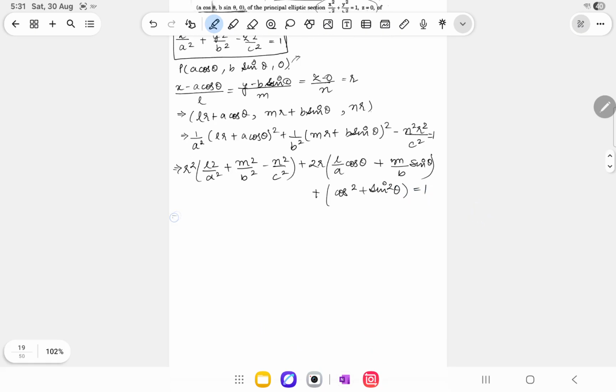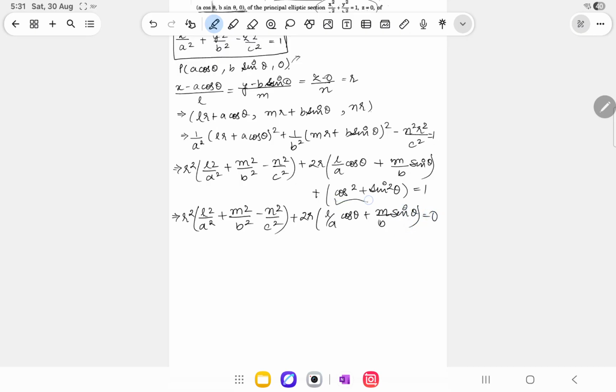So I can write it as r square into (l square by a square plus m square by b square minus n square by c square) plus 2r into (l by a cos theta plus m by b sin theta) is equal to 0, because this term is also 1, so this one balances out this one.